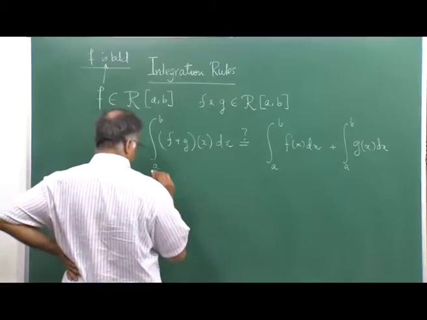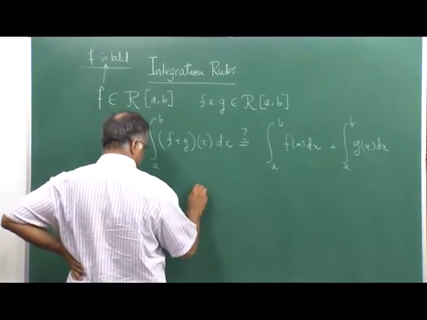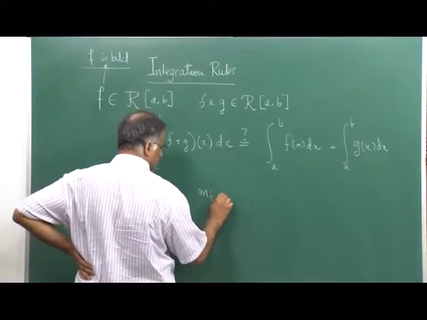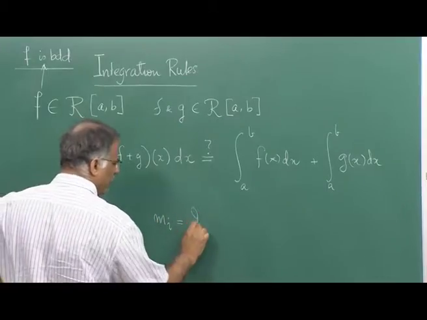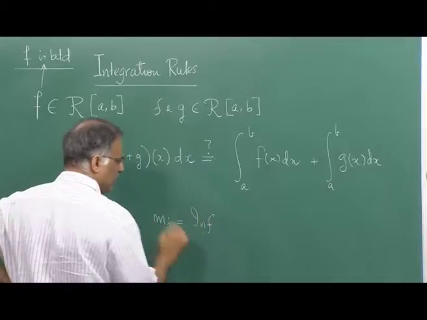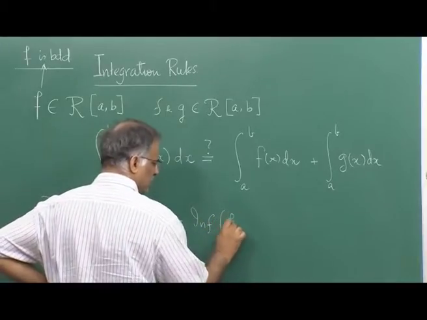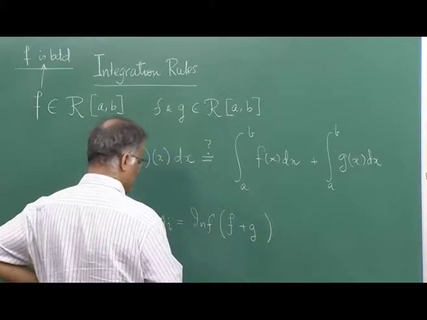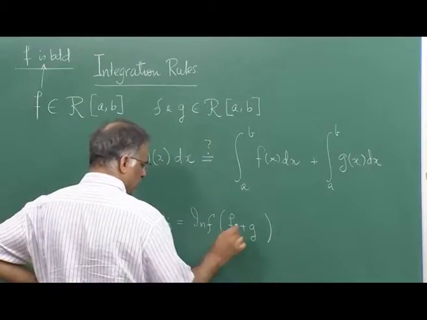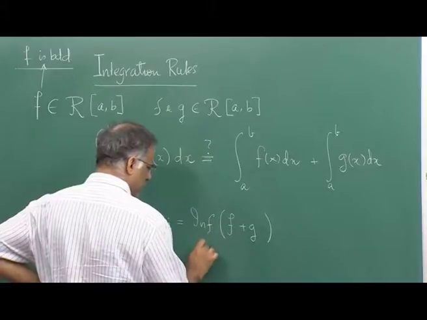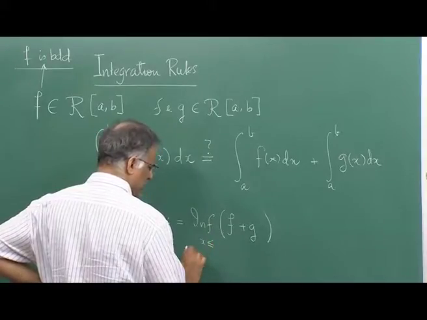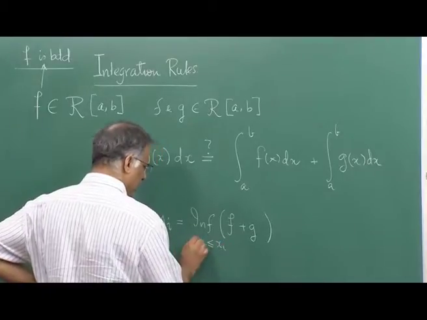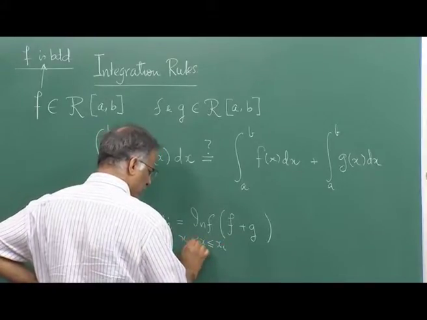Now let Mi be the inf of f plus g, where x varies over the interval between x_{i-1} and x_i.